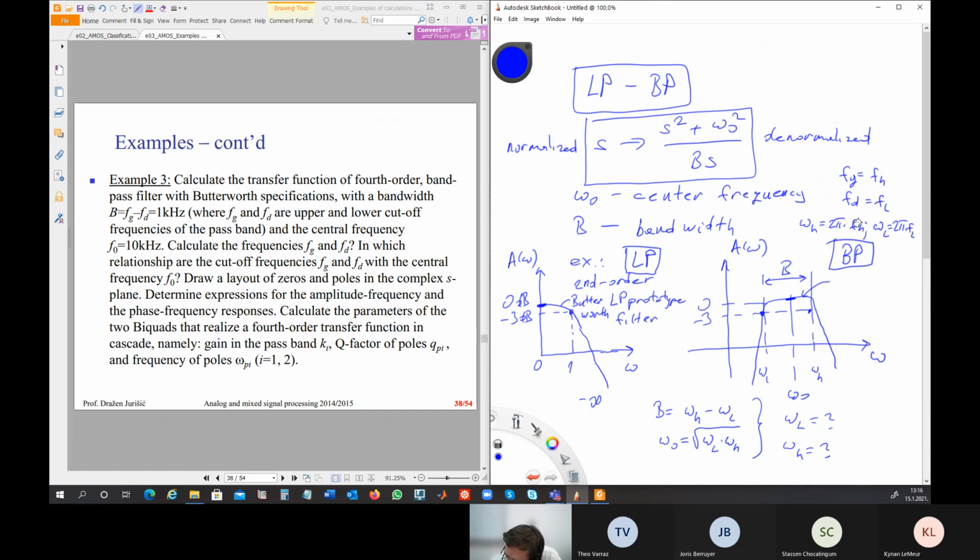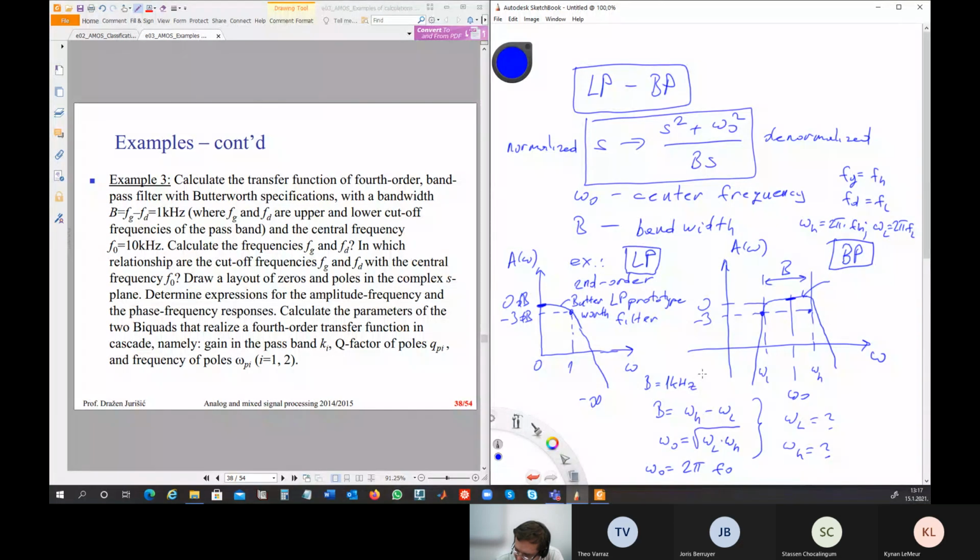So these are the values. Okay, so the central frequency is F0, omega 0 is 2 pi F0. B is given. B can also be multiplied by 2 pi. So B is equal to 1 kilohertz.